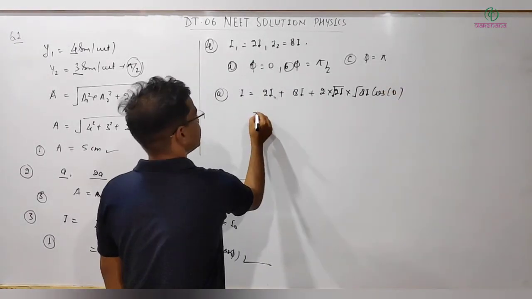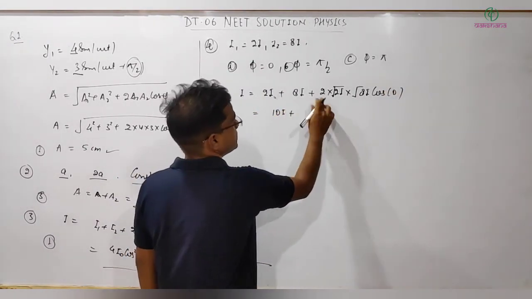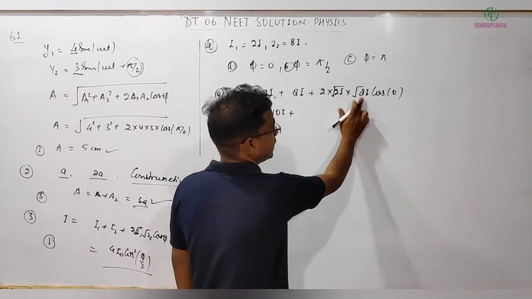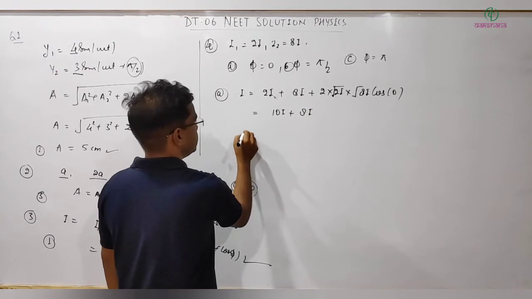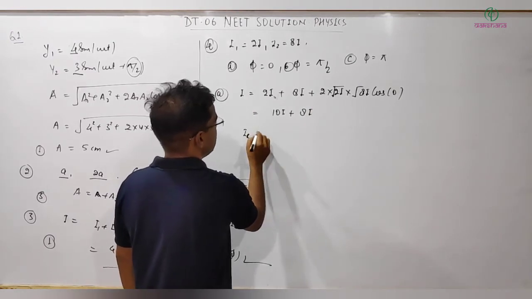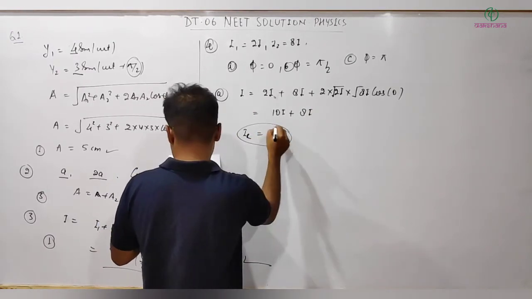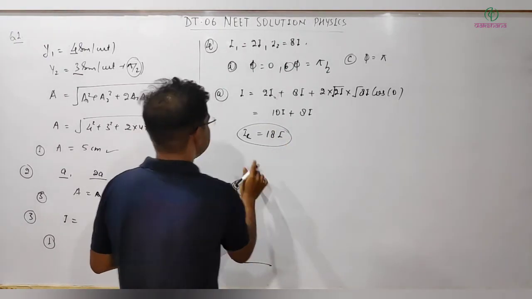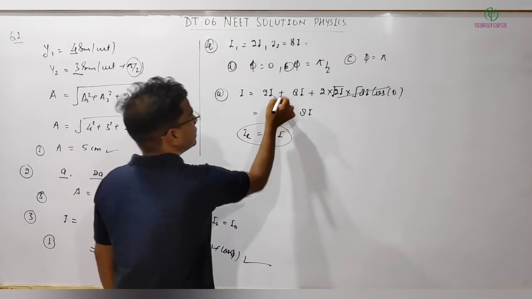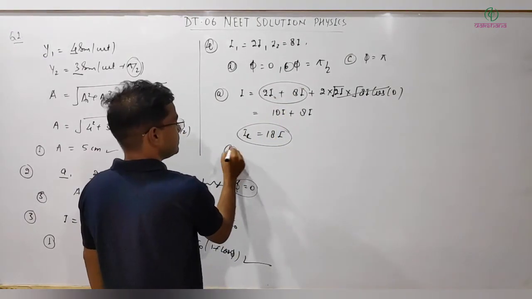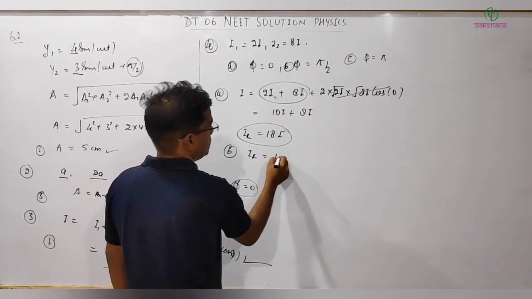Simplifying, it gives 10I plus, since √2 times 2√2 is 4, 4 × 2I... 8I, and we get a resultant intensity of 18I. Similarly, for π/2 that complete term will be 0, so in case B the resultant intensity is 10I.